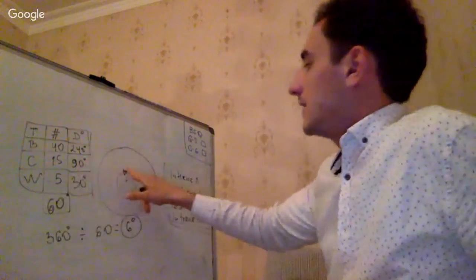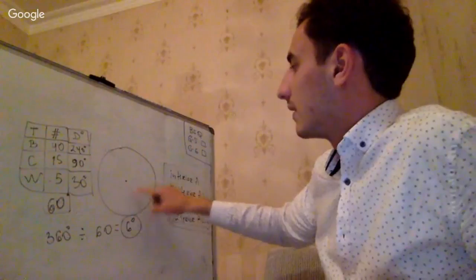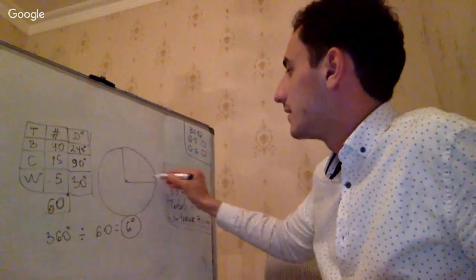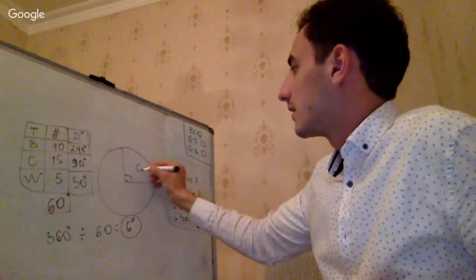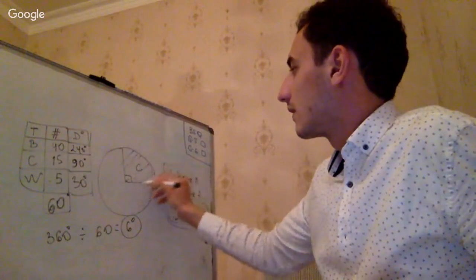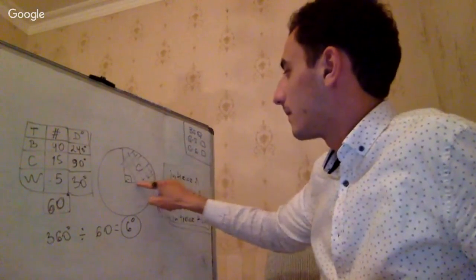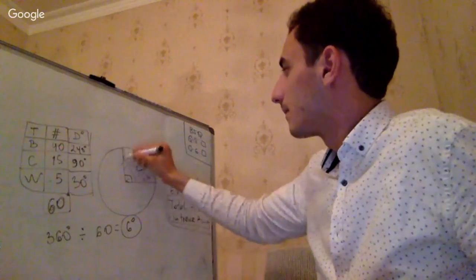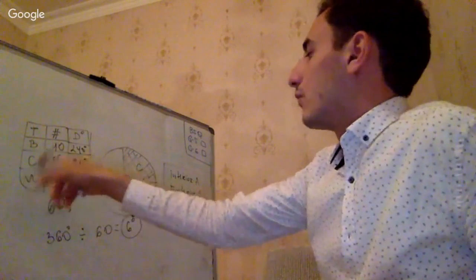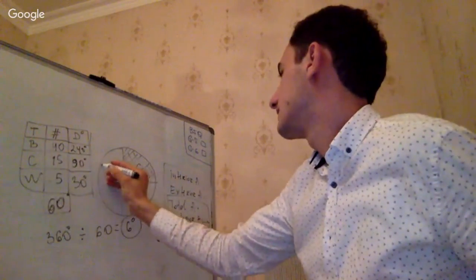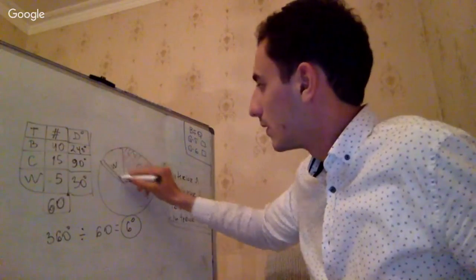So 90 degrees will be like this, 90 degrees, right? This section stands for car. Okay, 90. And then 30 degrees for walk. Let's say this is 30 degrees, walk.